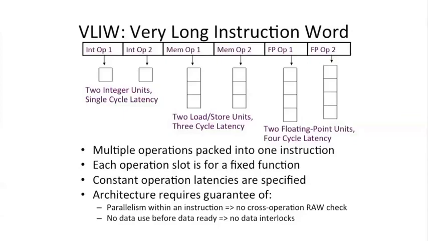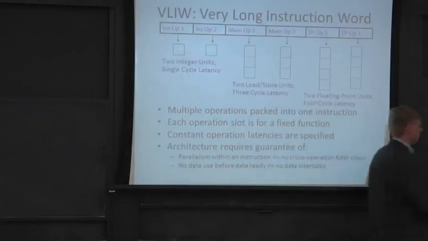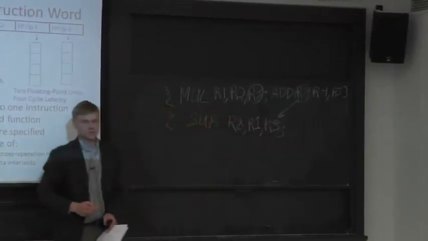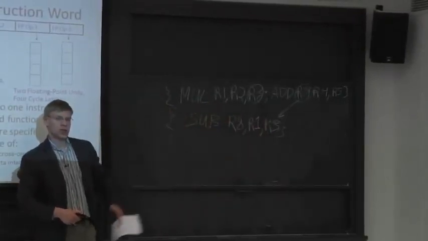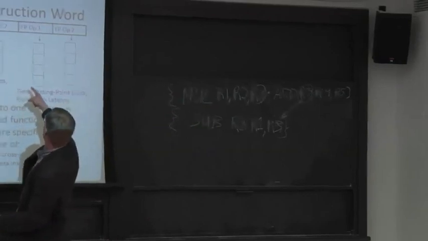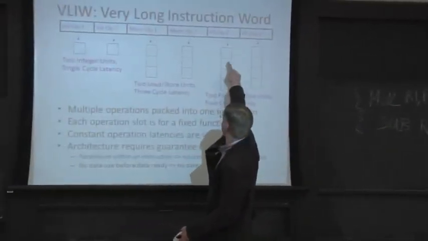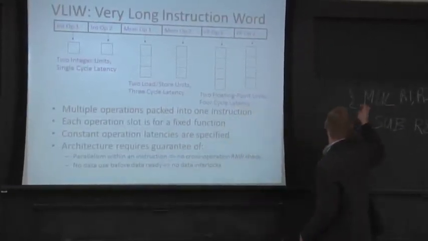So we don't even have a scoreboard. Now, there are some architectures which do enforce interlocking that are VLIWs. But in the traditional, most basic VLIW, you don't have a scoreboard. You have no interlocking. So if you were to have, let's say, this subtract operation read register 1, which the mul wrote, and the mul, let's say it's a floating point mul, took four cycles.